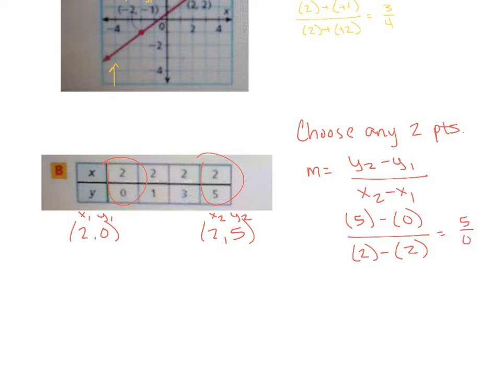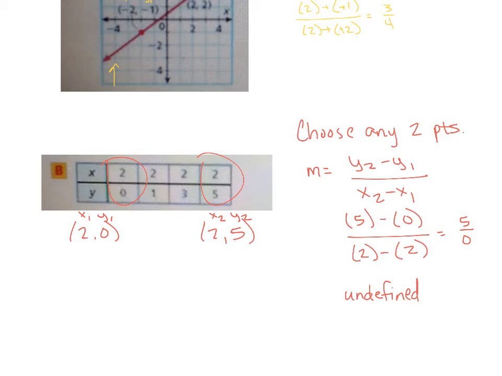You can't divide by 0, so your slope is undefined. So that line, if you were to graph it, would be vertical. Sometimes I have to think about my vertical and horizontal, kind of like I have to think about my lefts and rights.